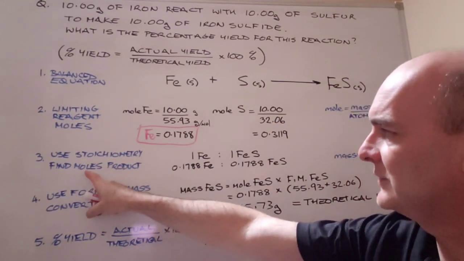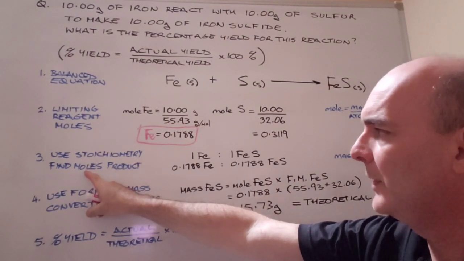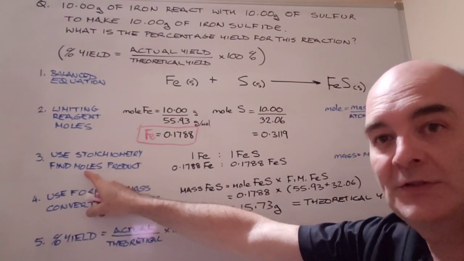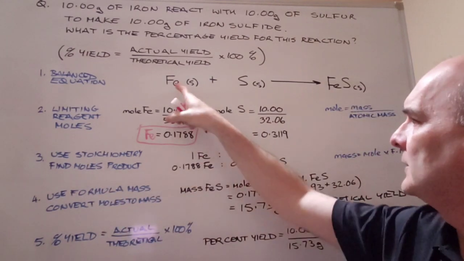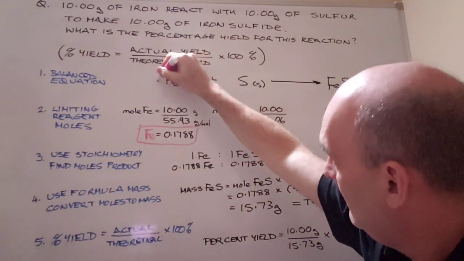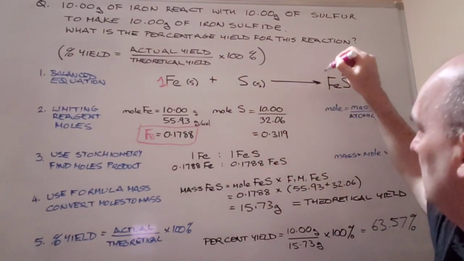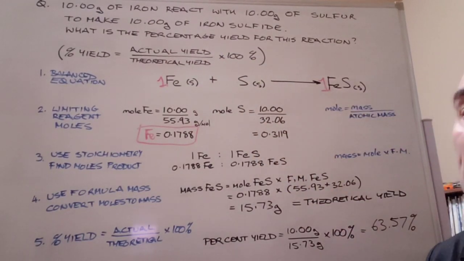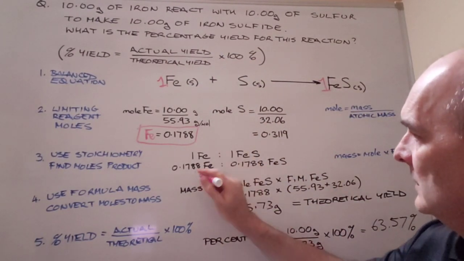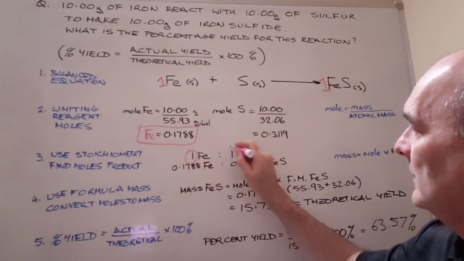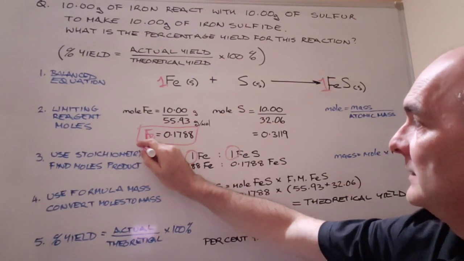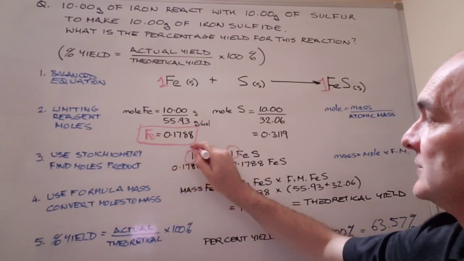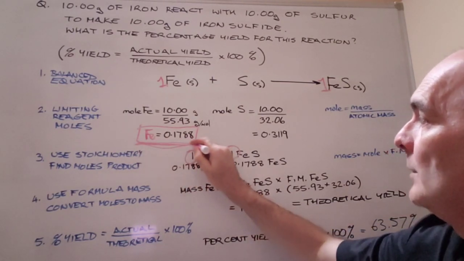So now use stoichiometry to find the number of moles of product that could be possible. Well, the stoichiometry tells us that 1 iron makes 1 iron sulfide. I know from my initial calculations that I don't have 1 mole of iron.